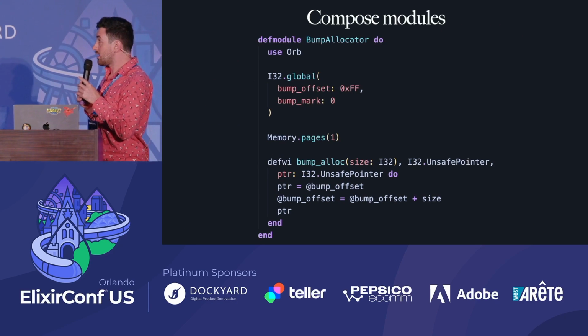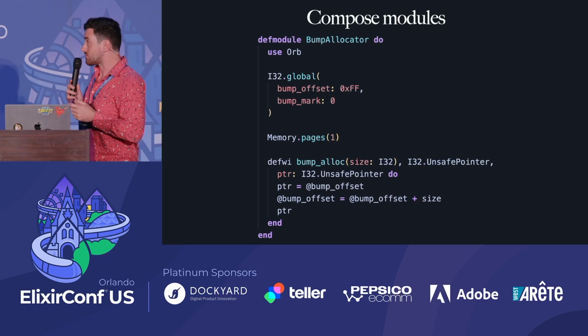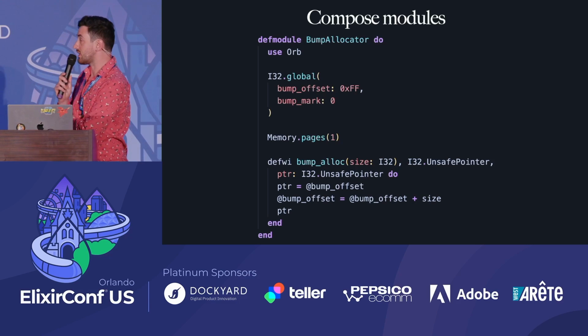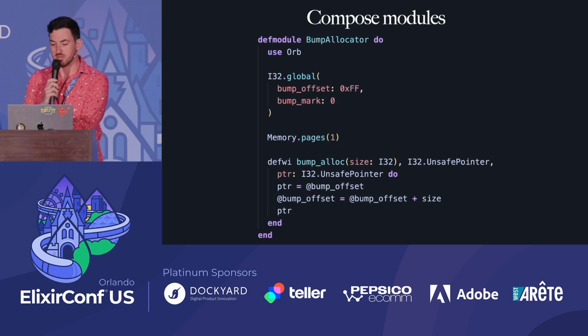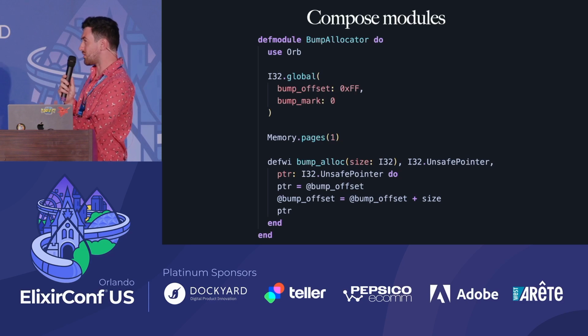What we often want to do is reuse code. Here we might want to allocate some memory. So we use Orb, and we've got two globals, a bump offset and something else that we need. Then we say we want one page of memory.